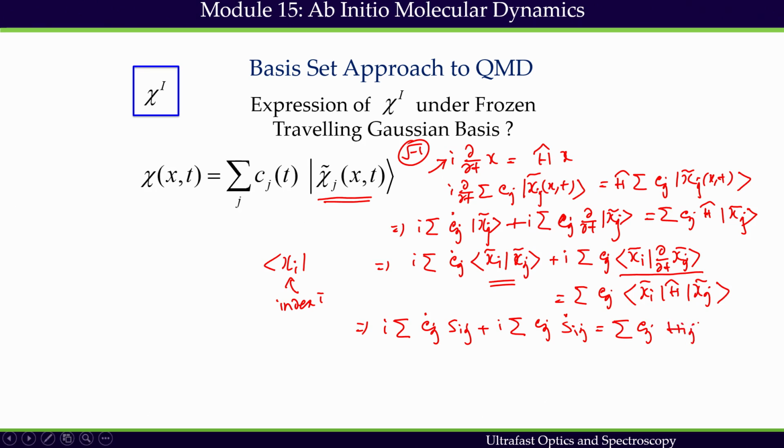then this is called hij. Now I can take this I from here and place it on the right hand side by minus I, and then one can write down this expression as cj dot sij equals minus I summation of hij minus I sij dot then cj.